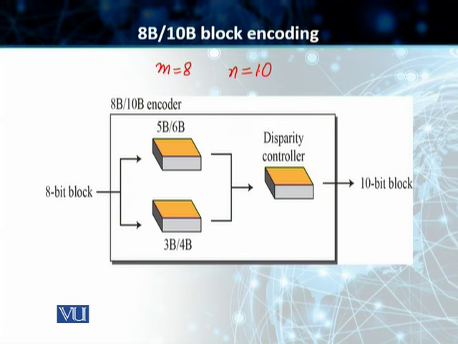What this is doing is, because we are deploying 2 different techniques and it's a 8B/10B block encoding, we need to prevent a long run of consecutive zeros or ones. So in this particular case, 8B/10B uses a disparity controller, and this controller keeps track of excessive zeros and excessive ones, and it controls it before it converts it into a 10-bit block.